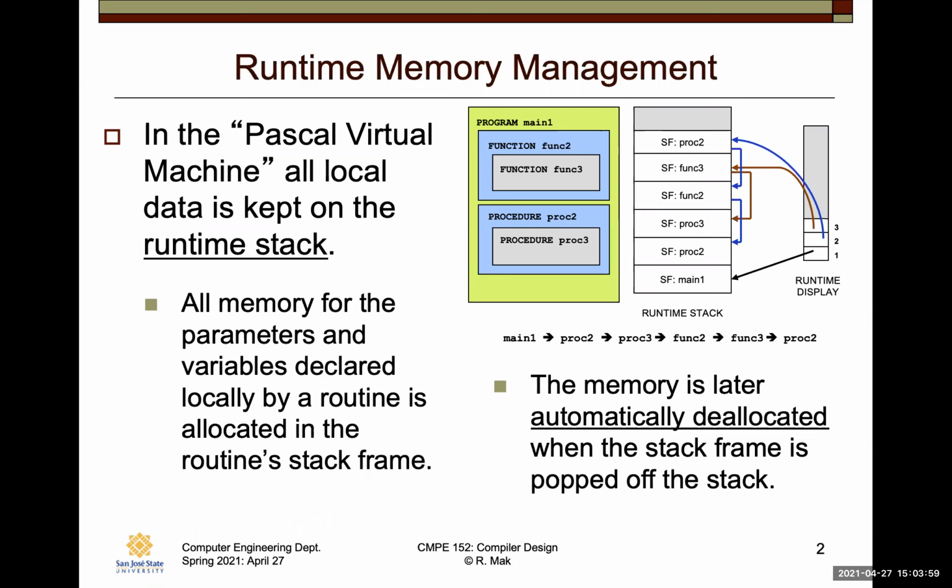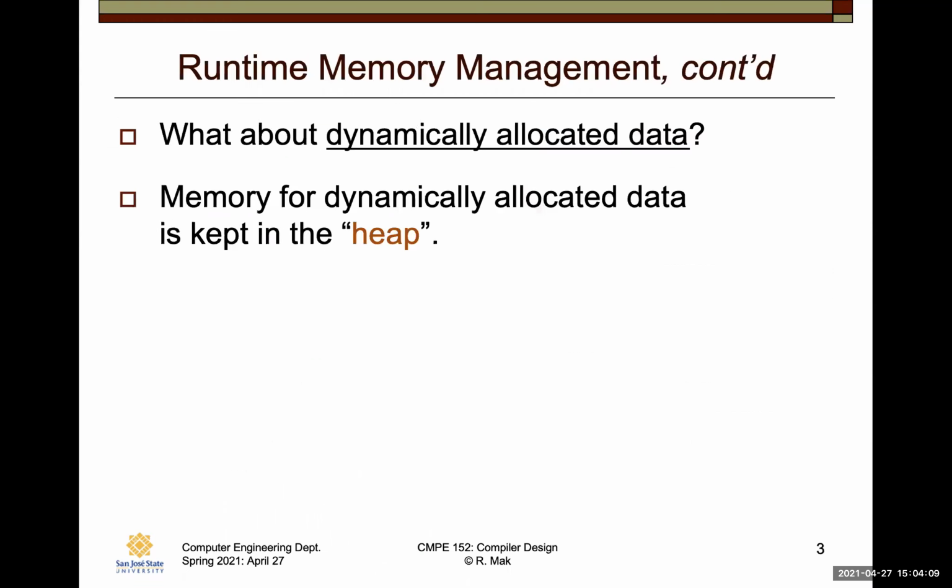Okay. All right. So what we're going to talk about today is runtime memory management. And as I said, you've seen how the interpreter manages runtime memory. Now we did talk a little bit about dynamically allocated data.